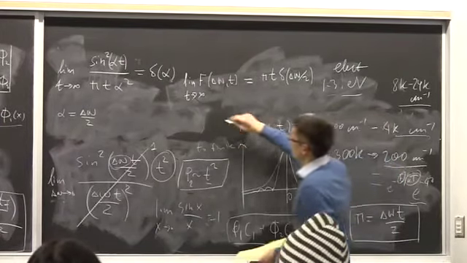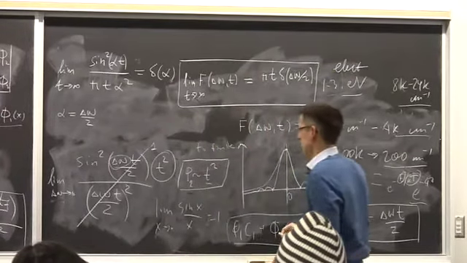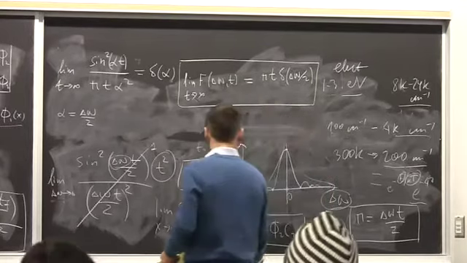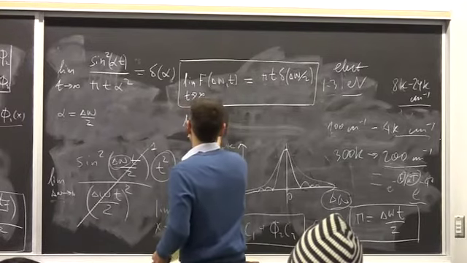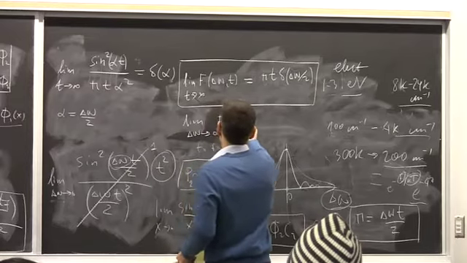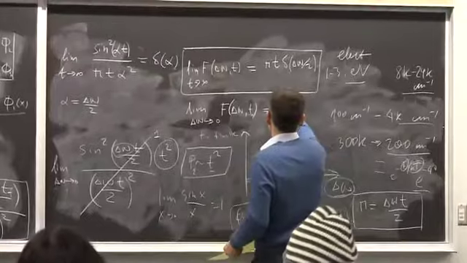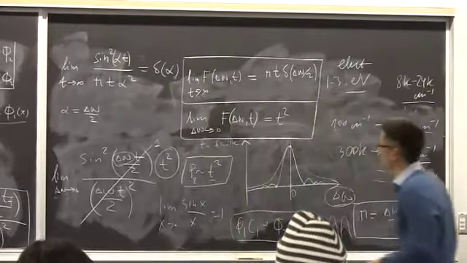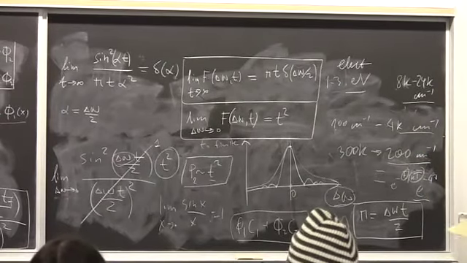Okay. So this is one limit, and another limit, I guess, would be the limit of delta omega goes to 0 for f, which is t squared. Right? Both limits are useful.